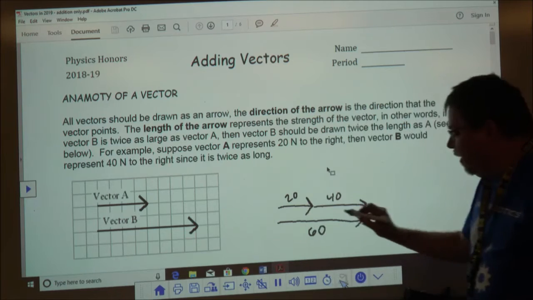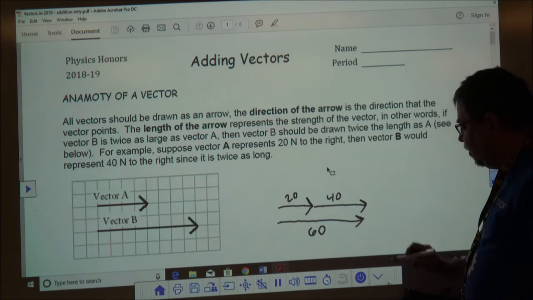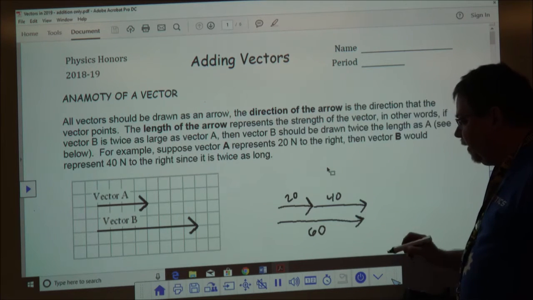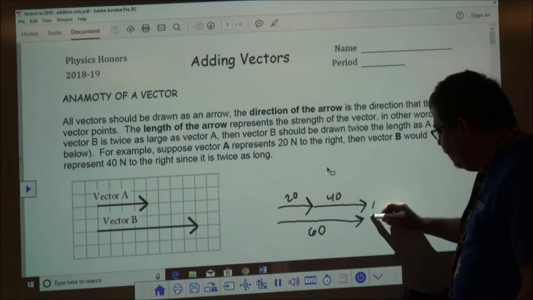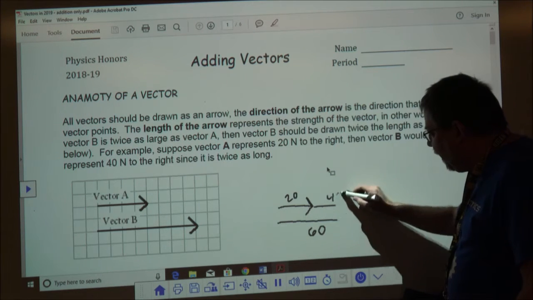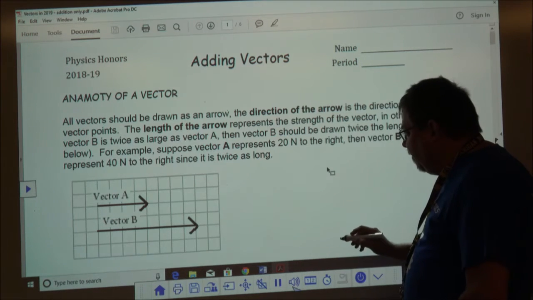We give that sum a special name and call it the resultant vector. The resultant vector is just the vector that is the sum of two vectors.